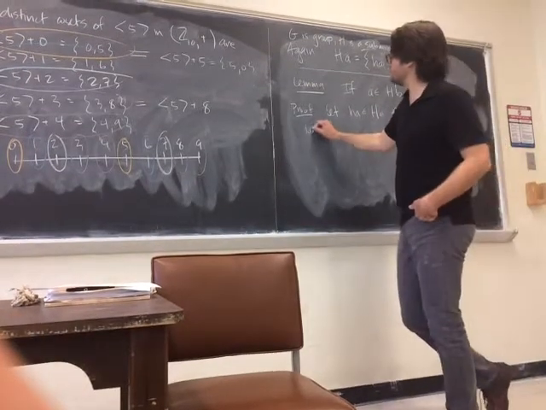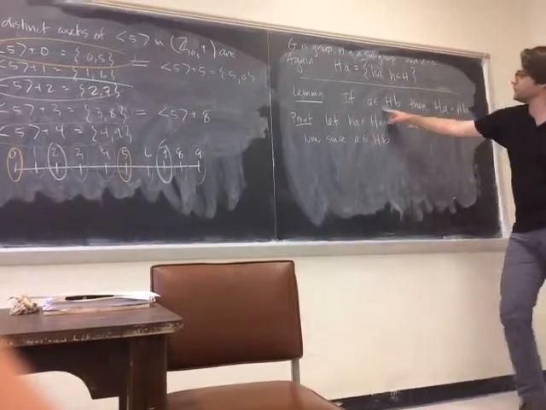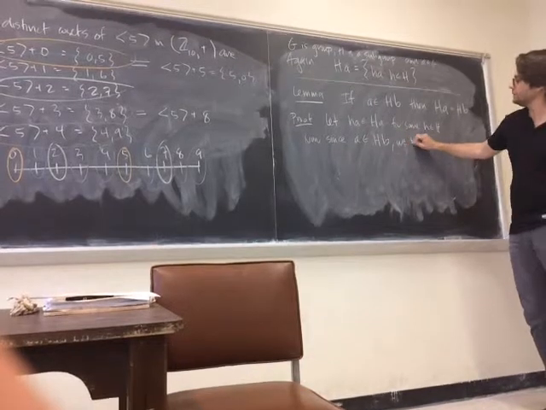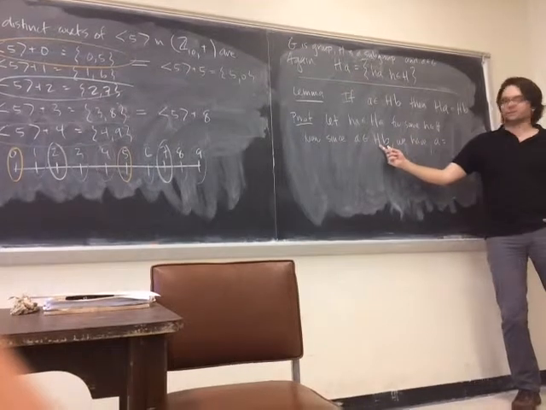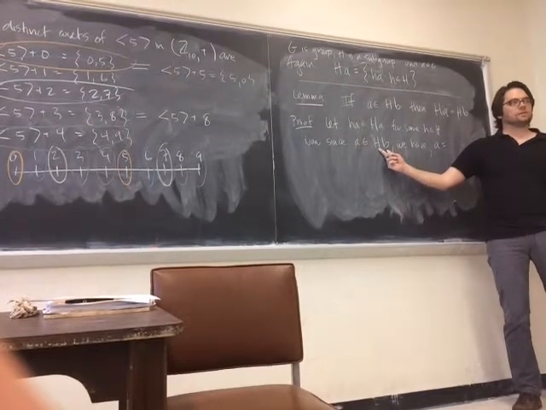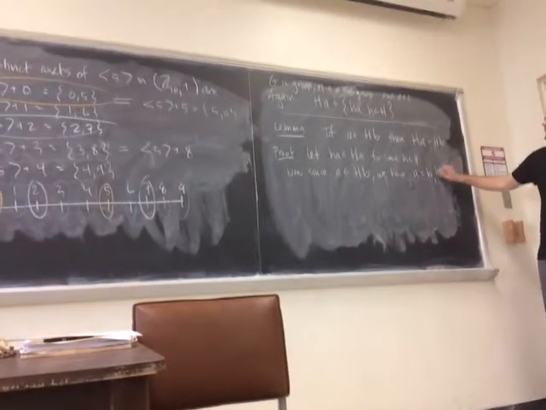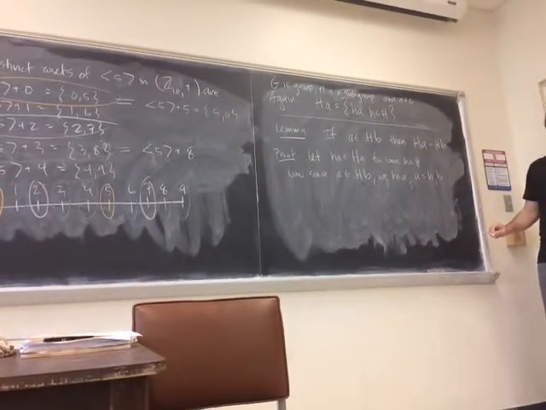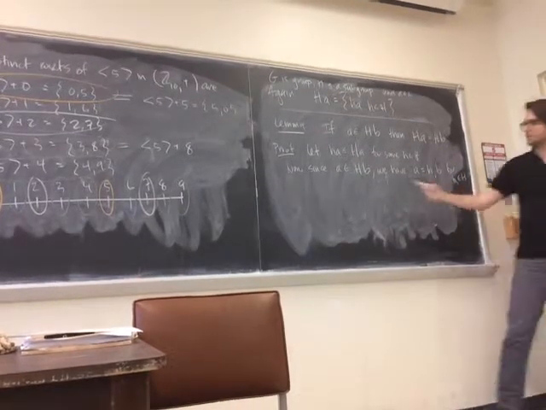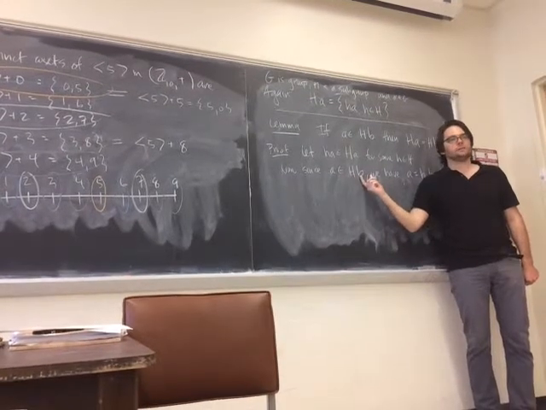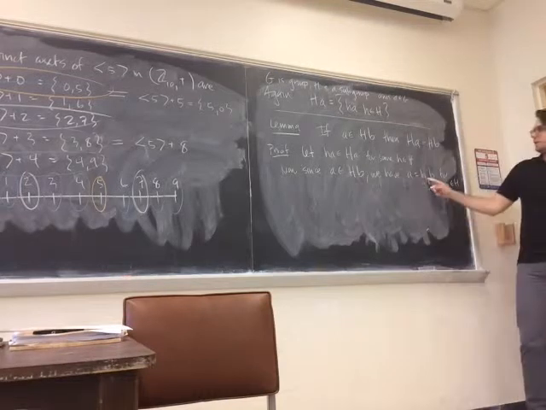Well, now since a is an element of HB, that's what we assume here, we know that I can write a as what? Since a is in this thing, what does a equal? Okay, great. So maybe h1 times b, for h1 in H. Does that make sense? To say that you're in this set, by definition, means that you're something in H times b. So let's call that h1 times b.